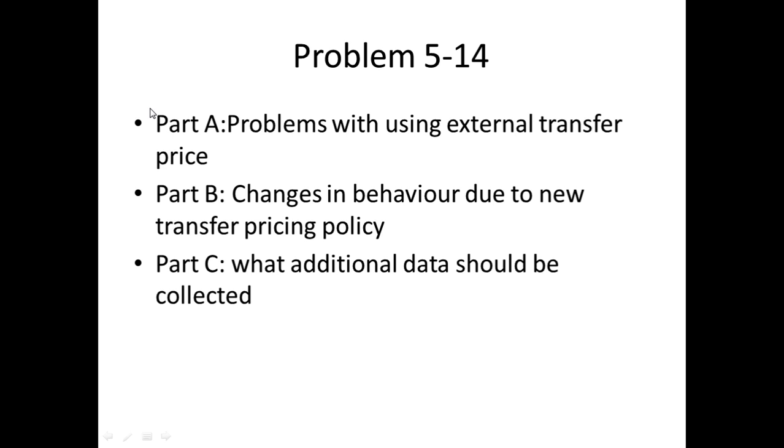Now, problem 5-11 deals with a turbine manufacturer that produces gas-powered turbines for generating electric power and hot water for heating systems. They buy the turbines internally from its turbine division.